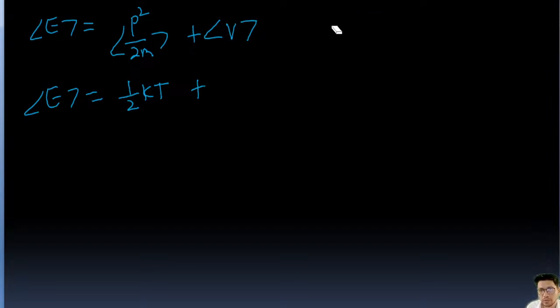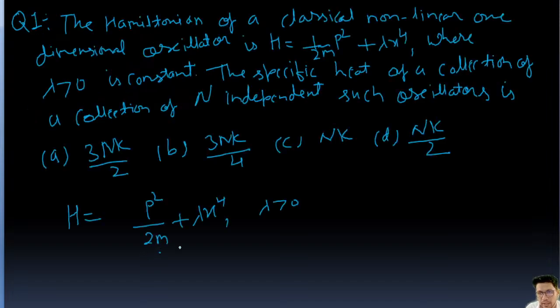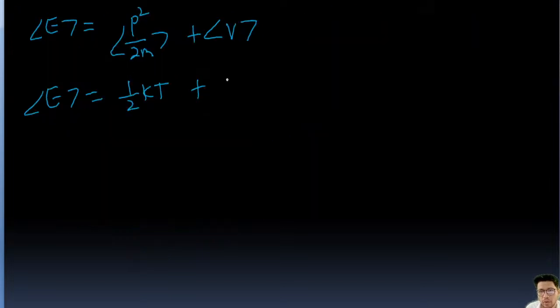So we'll find the average for V. This is the kinetic energy, and this is the potential energy for lambda x to the power 4, and we know how to find that.